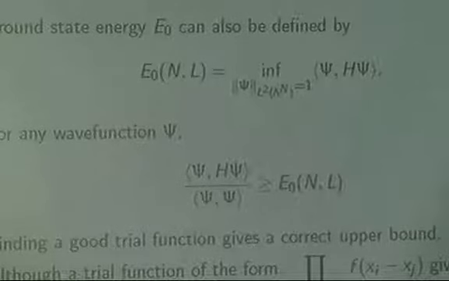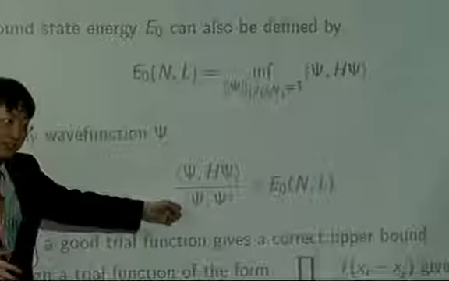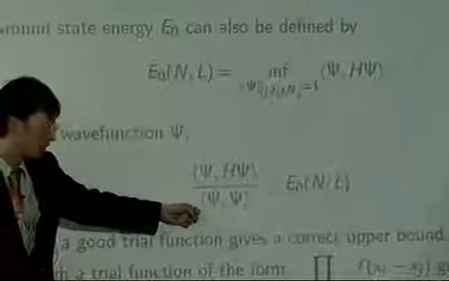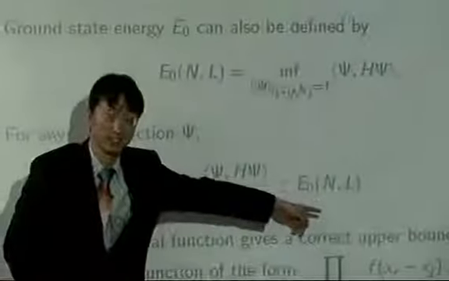I think this is a variation of a minimax property of linear algebra. So what people do for the upper bound is to find a good trial function because of this property, so that if you find a good function such that this ratio is very close to the target we want to prove, then this automatically becomes an upper bound for the ground state energy.